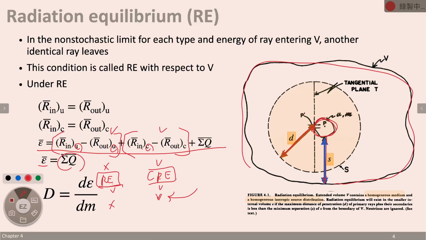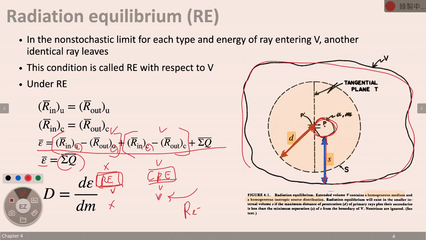Okay. All right, and I give you a problem-solving direction. First one, you talk about the CPE. You should check the electron range. Okay, and if you move to the RE equilibrium, it's talking about the radiation. This kind of radiation means all of the radiation, and photons and neutrons have longer interaction ranges.